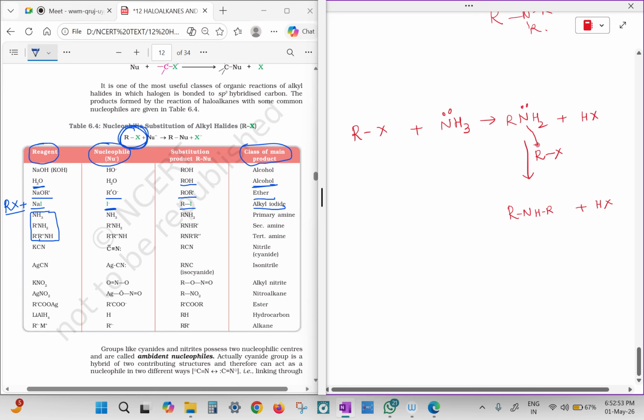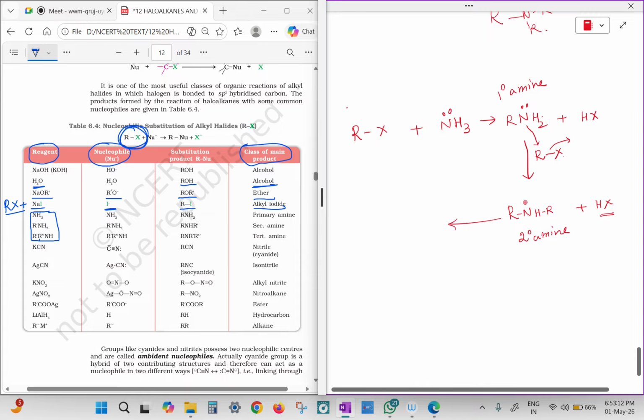The nitrogen attacks, halide leaves. That halide with one of the hydrogens will form HX. So you actually had an RX which forms a primary amine, which in turn forms a secondary amine. Why secondary and all we will discuss later when we come to the fourth lesson.